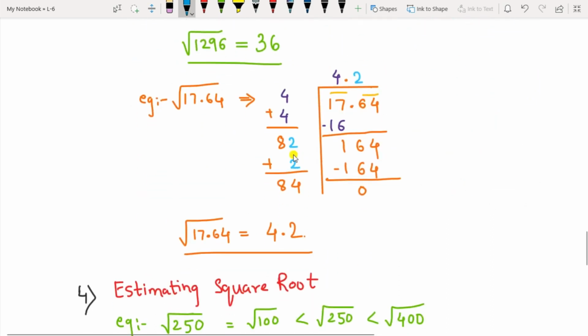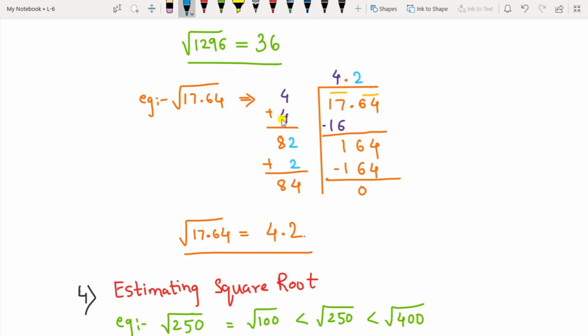If the given number is in decimal form, for example the square root of 17.64, similarly make the pairs from the right hand side and solve it. Now this is 17. So 4 4s are 16. Subtract, you get 1. Then bring 64 down. Before that, shift the point to the quotient.